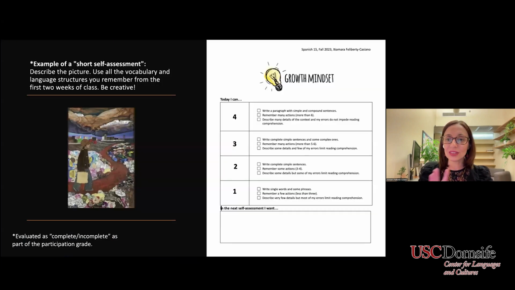So I started using these very simple rubrics and tasks, and I wanted them to see and track their weekly or bi-weekly growth by thinking, what can I do today? What can I do the next time that I am assessing my writing or my listening skills or any of the language domains?